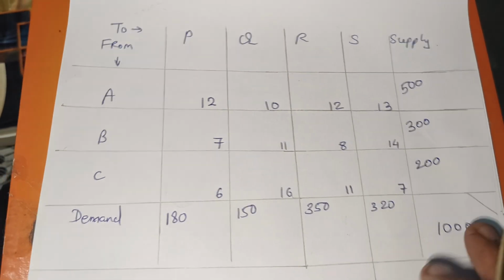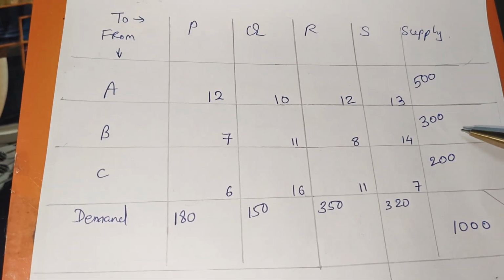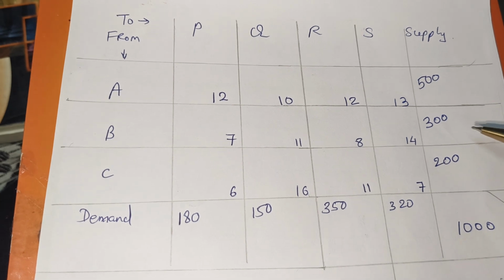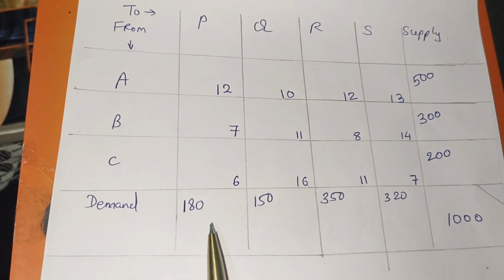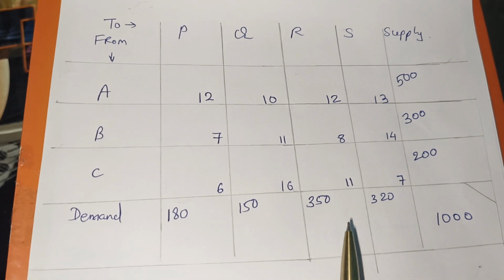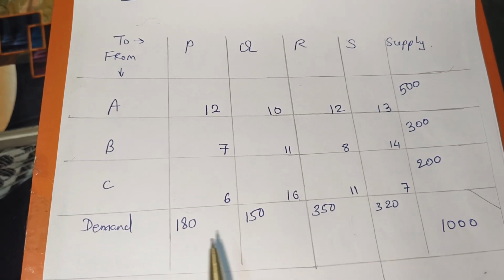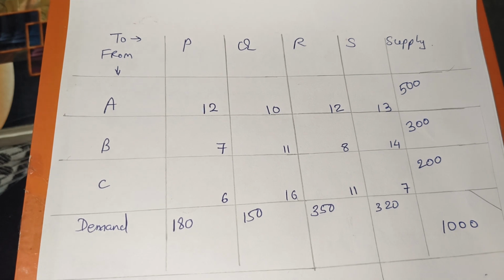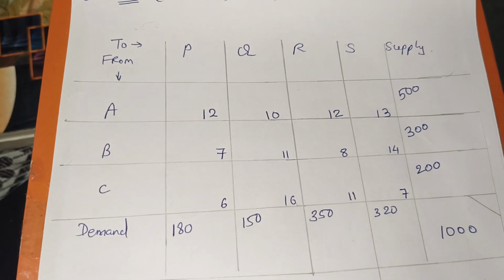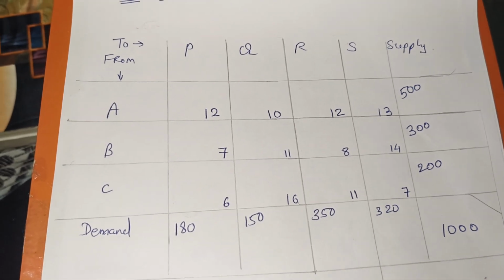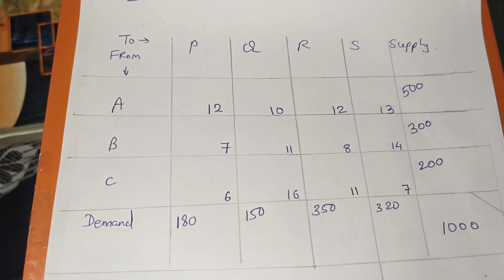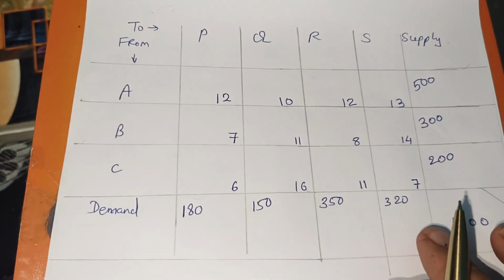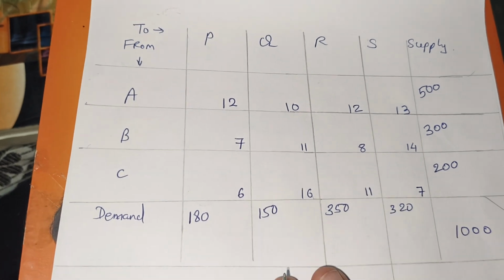I have checked: 500 plus 300, that is 800, plus 200, that is 1000. Similarly 180 plus 150 plus 350 plus 320 gives me 1000. So this is the first step you always have to do, to check whether demand is equal to supply or not. In this case, yes, they are equal.